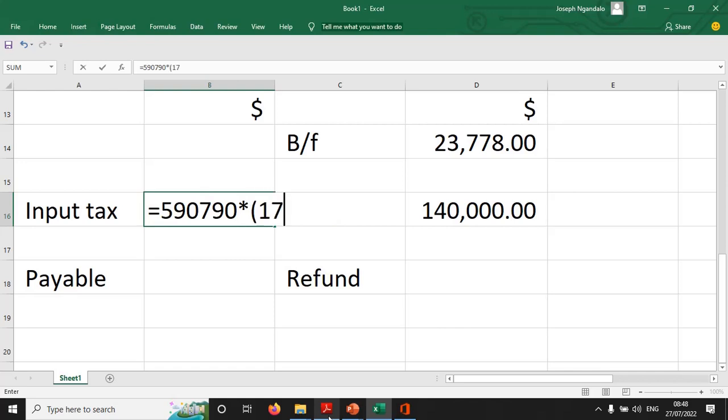For me, I open my brackets, 17.5. Just forget about the percentage sign for now. Do you understand that? Then down there, you say 100% plus 17.5%. It's as simple as that. That's why you came into class, so that you don't waste time on those things.